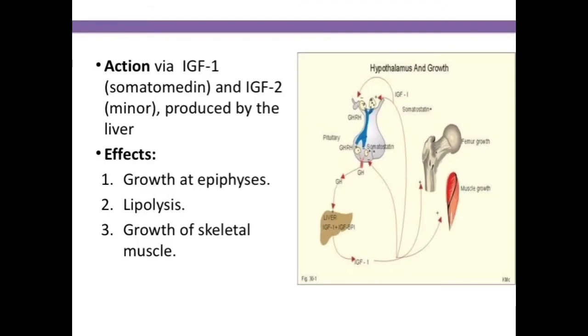The actions are via IGF-1, or somatomedin, and IGF-2, which is a minor component, and both are produced by the liver. The effects of growth hormone are growth at our epiphysis, lipolysis, and the growth of skeletal muscles.